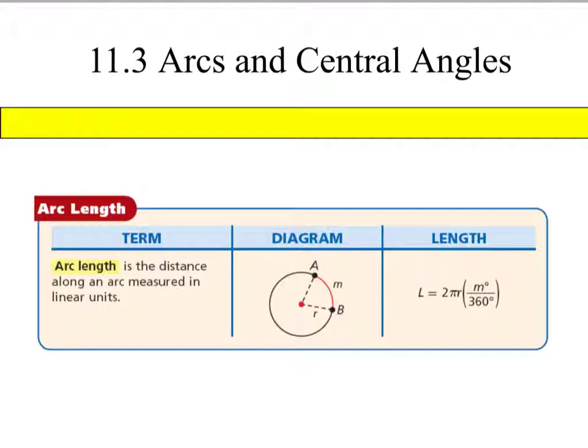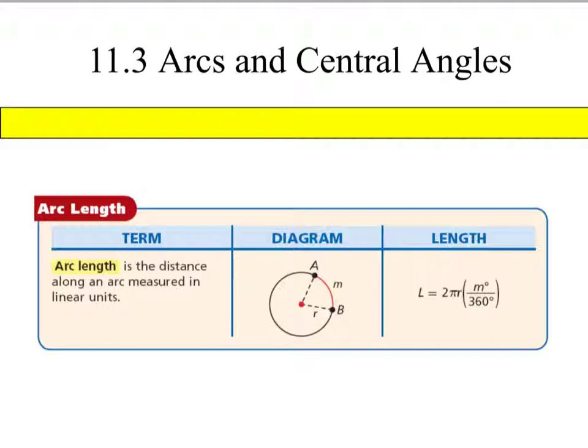Next. So I want you to write this one. Here's a formula you do need to know. Please write all of that down. We're talking about the arc length now. So pause now. Okay, so arc length is the distance along an arc measured in linear units. If we're talking about minor arcs and major arcs, those are going to be measured in degrees.